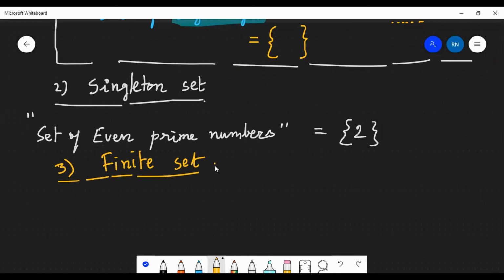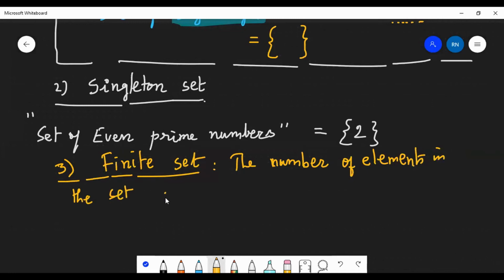Finite set means the number of elements in it is countable. Very simple. The number of elements in that particular set is countable, it's a finite count. That is a finite set.